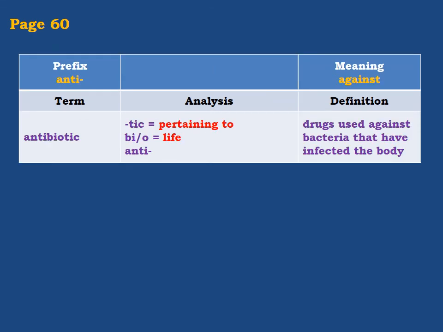Now the next prefix we have is anti. This one is with an I, and maybe you know that it means against because we use it in English. Anti means against. Antibiotic. You are familiar with this word. IC means pertaining to. You remember this. And bi means life, and anti against.